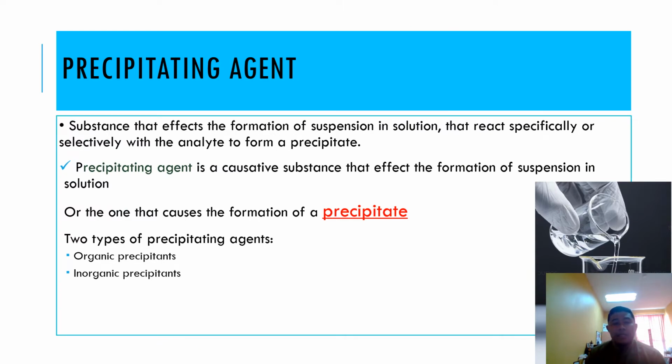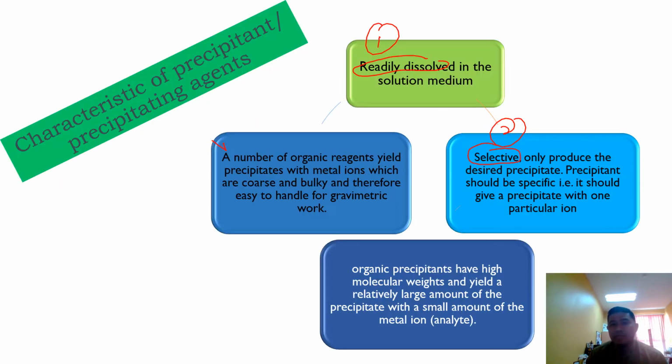Okay, so here is the precipitating agent that I mentioned, which is a substance that affects the formation of suspension in solution and reacts specifically or selectively with the analyte to form a precipitate. It is the causative substance, the one that causes the formation of the precipitates. There are two types of precipitating reagent: organic and inorganic precipitants.